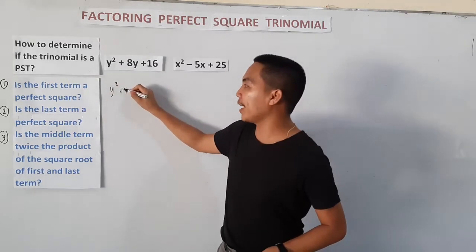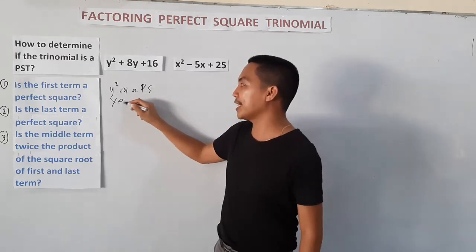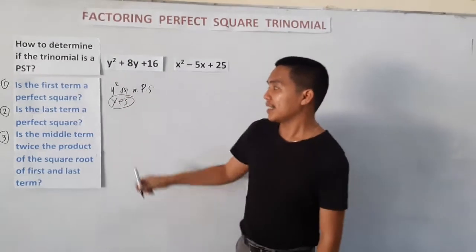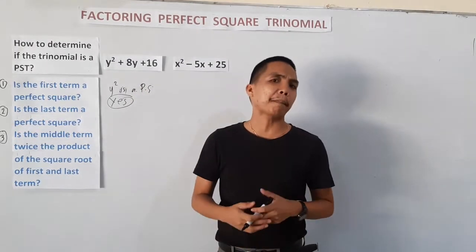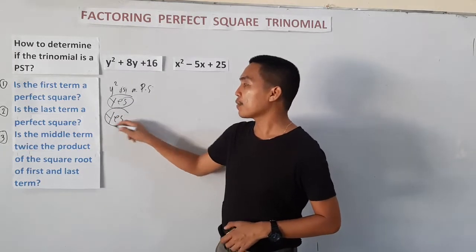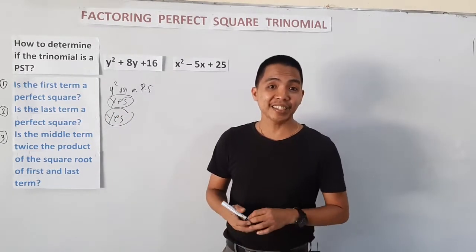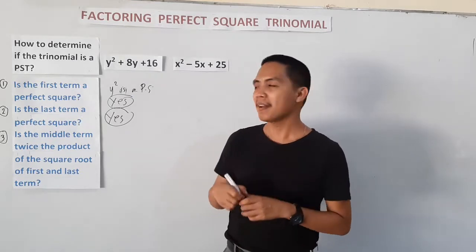Yes, y squared is a perfect square. So, our answer is yes. Number 2, is the last term a perfect square? Si 16 ba perfect square? Yes na naman, kasi 4 times 4 is 16. So, 16 is a perfect square. Meron talaga siyang square root na whole number.